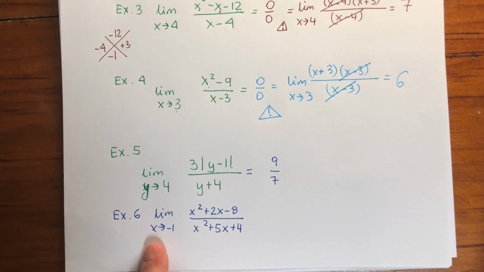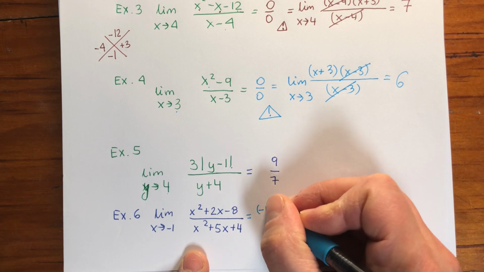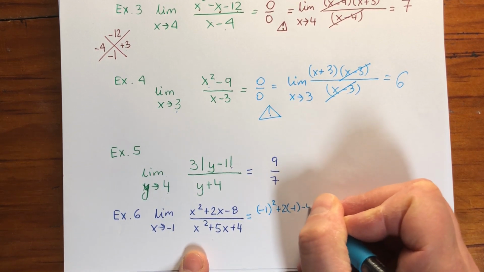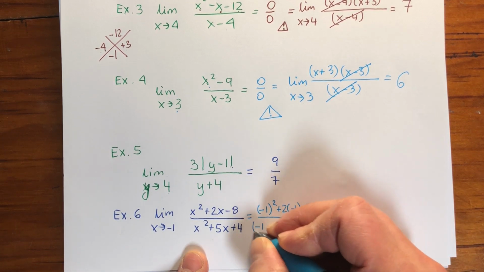Let's take a look at this one. Negative 1. What is going to happen once I plug in negative 1? I will have negative 1 squared plus 2 times negative 1 minus 8. I'm writing this down because I really want to avoid making mistakes.